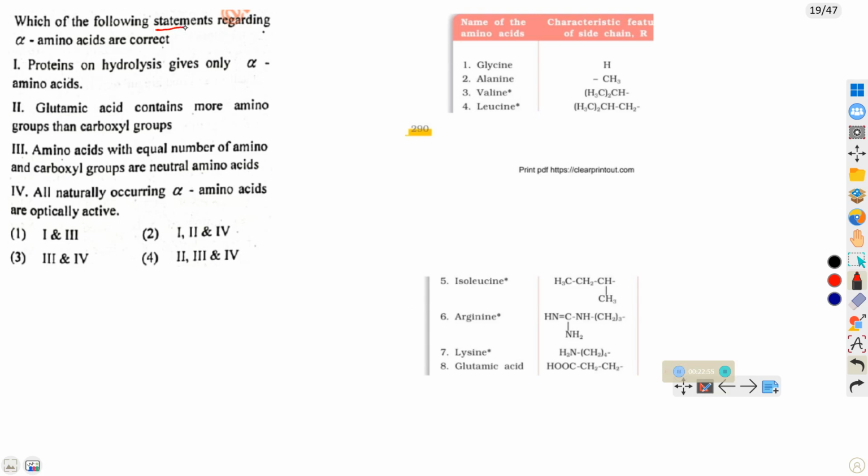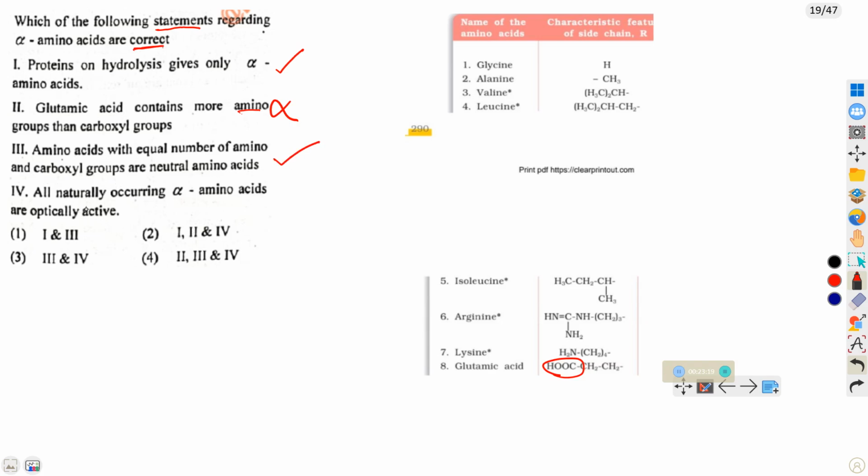Identify the correct statements about alpha amino acids. Protein on hydrolysis gives only alpha amino acids. Correct. Glutamic acid contains more amino groups. No, more COOH groups are present in glutamic acid. Wrong. Amino acids with equal number of amino and carboxyl groups are called neutral amino acids.